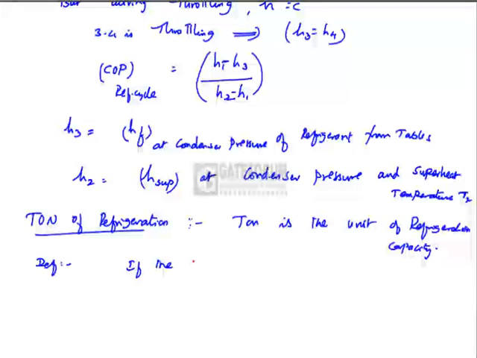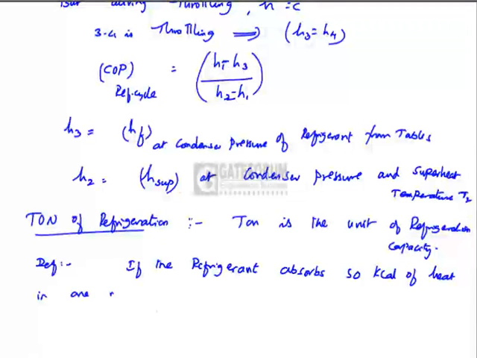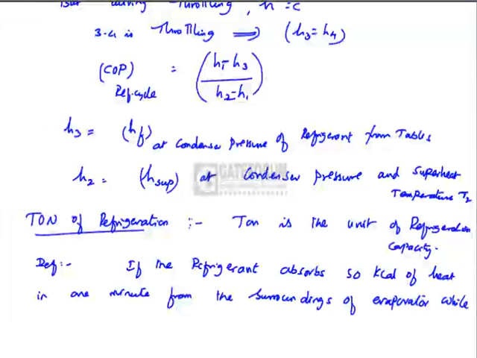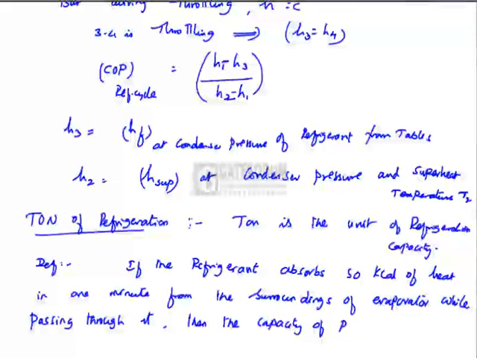If the refrigerant absorbs 50 kilocalories of heat in 1 minute from the surroundings of the evaporator while passing through it, then the capacity of the plant is said to be 1 ton.